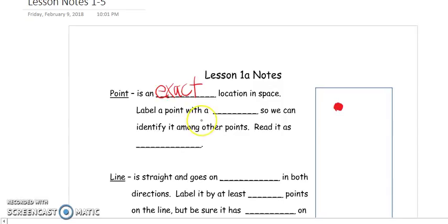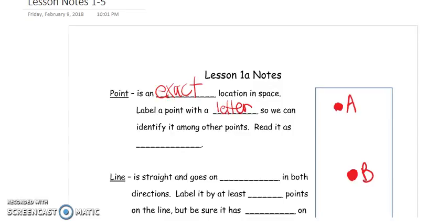We label a point with a letter so that we can identify it among other points. So I'm going to let this be point A. I could go down here and draw another point. So I want you to draw another point and put point B. If you need to pause to catch up, please do so.